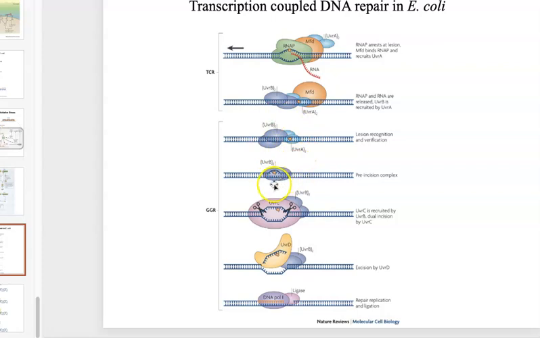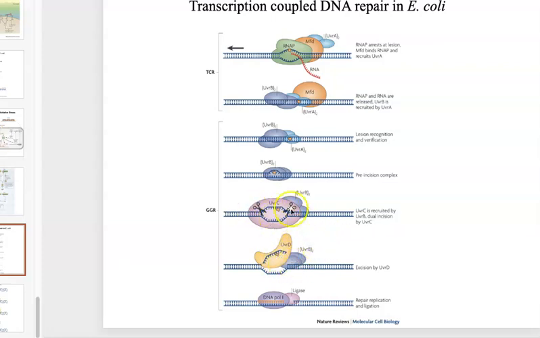UvrB makes a bit of a cut, and then UvrA goes away, and then UvrC comes in, and UvrC is looking for these dimers of UvrB, makes a dual incision, as you can see there, cut with these little scissors. That allows this thing to pull away the single strand with the lesion on it using UvrD.